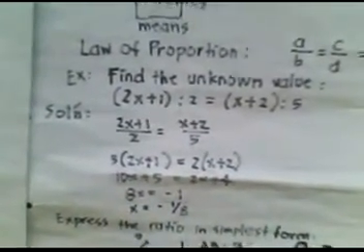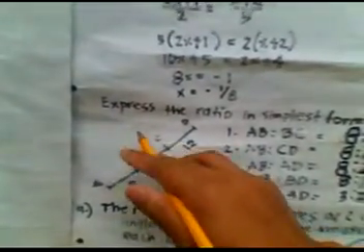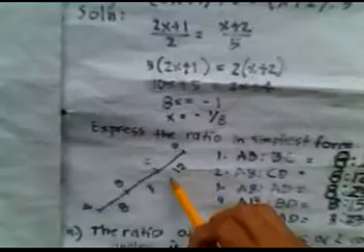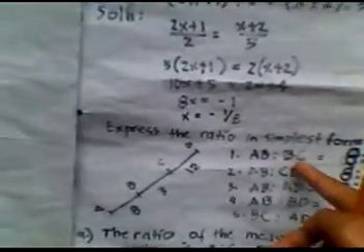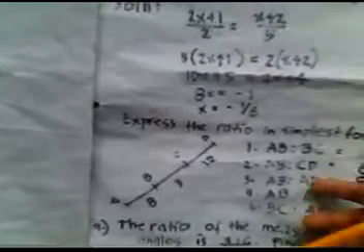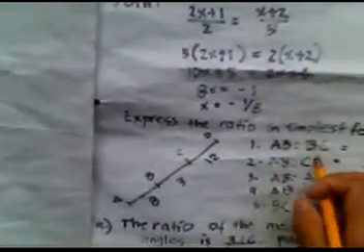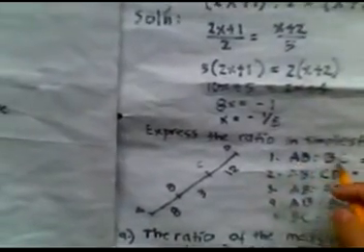So here is another problem in which we need to express the ratio of this figure in simplest form. The first one is AB is to BC. So what is the ratio of AB is to BC?